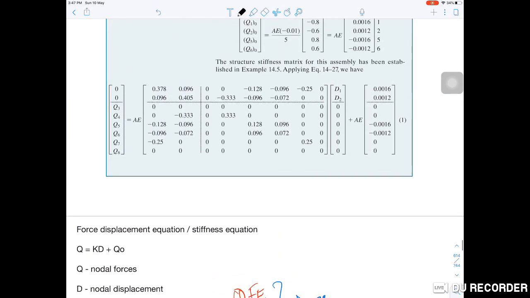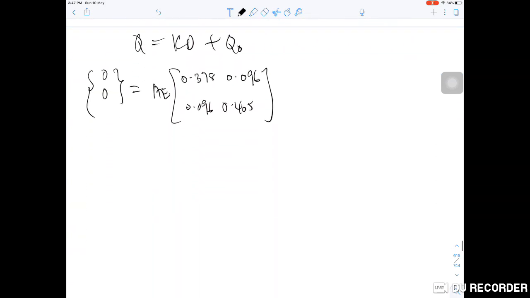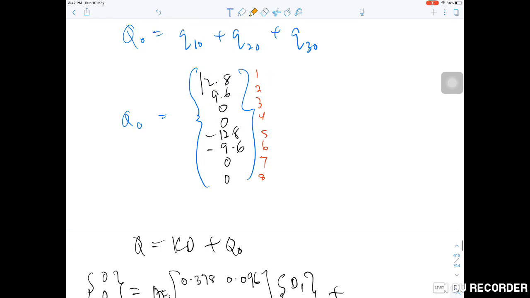Am I right? Yes, correct. Times the unknown displacements D1 and D2, plus the values at positions 1 and 2.